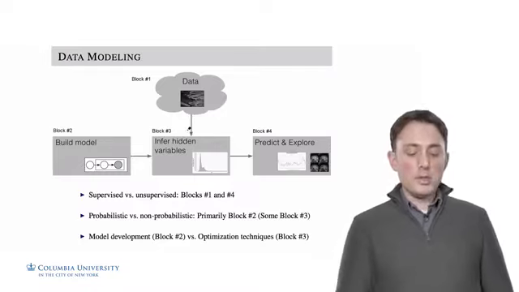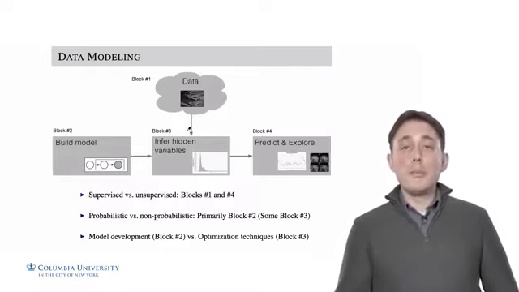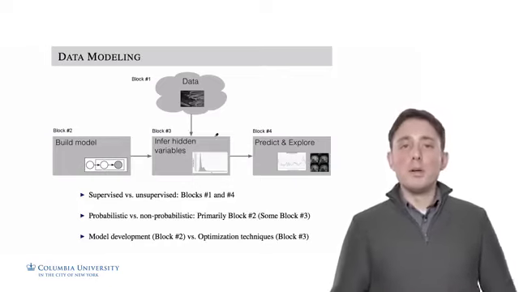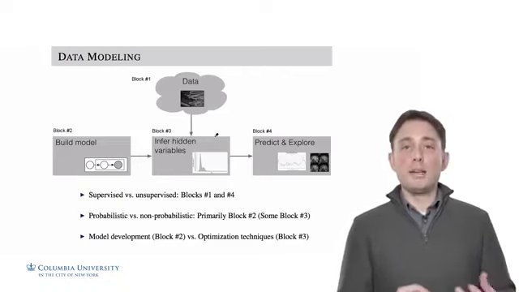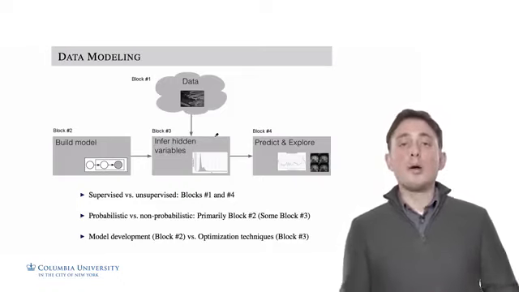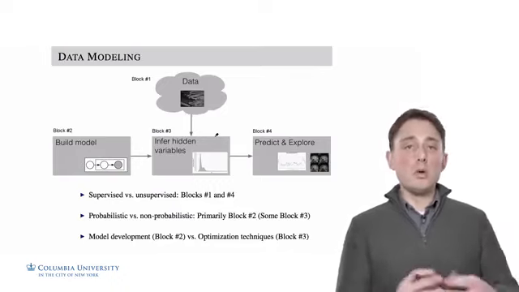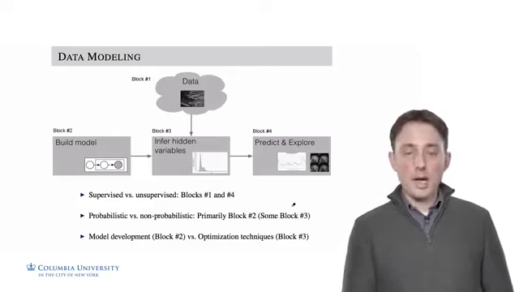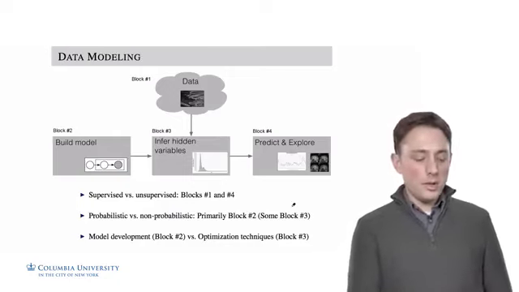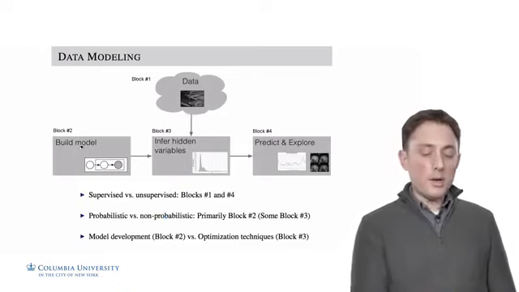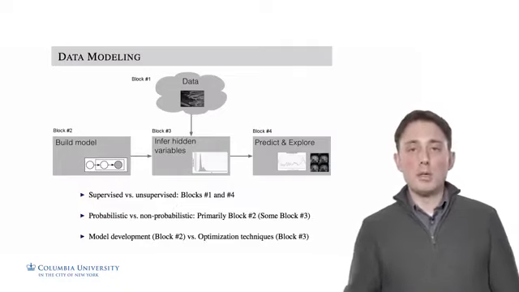And also, to a certain extent, the probabilistic versus non-probabilistic dichotomy appears in block 3 as well, in that some algorithmic techniques are purely motivated by the fact that we're doing a probabilistic model. However, a lot of techniques for non-probabilistic models apply equally well to probabilistic models with no modifications at all. So to some extent, block 3 is shared across the two, and the difference between probabilistic versus non-probabilistic modeling is primarily in the types of models that we're going to define.